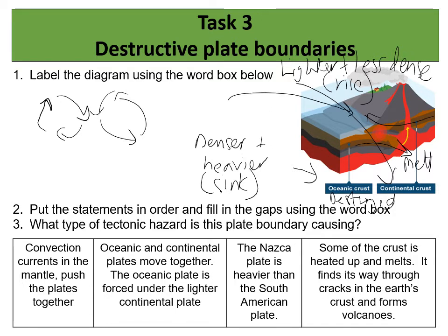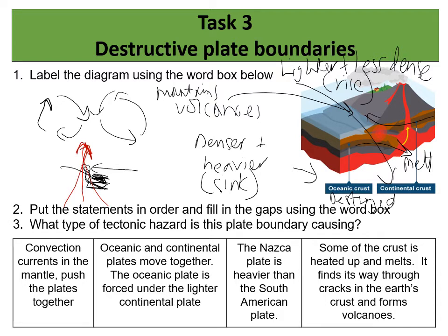Okay, so we can have mountains forming and also volcanoes. And the reason that the volcano can occur is because when one plate sinks and this plate moves towards it, they will start to fracture. So when this one melts in the magma, it will create lots of fracture lines in the Earth's crust, which then allows the magma to escape up through it.